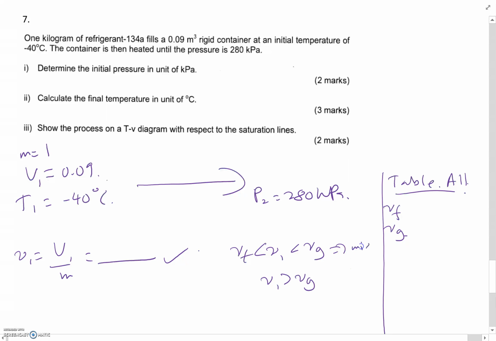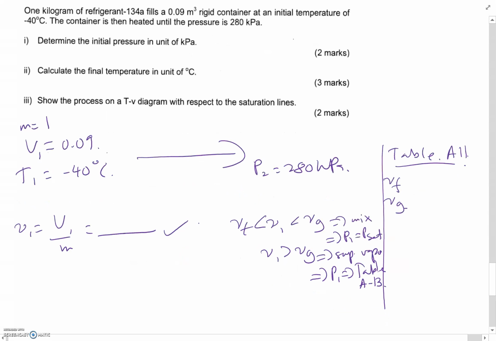If it's a mix, then P1 equals Psat. If it's a superheated vapor, P1 depends on table A13.